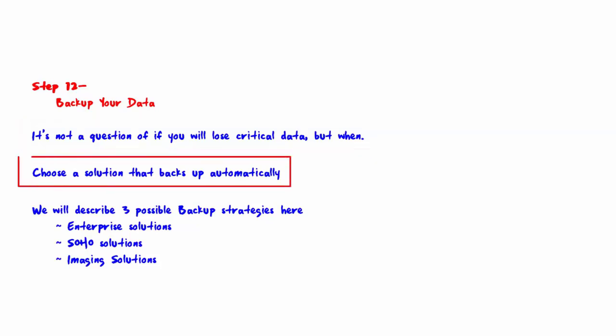Choose a solution that backs up automatically. There are a number of backup strategies, but in each case, the question you must ask yourself is, if a specific piece of data is lost, will I be able to restore it quickly? If the answer is no, then that particular strategy will cause you sleepless nights.